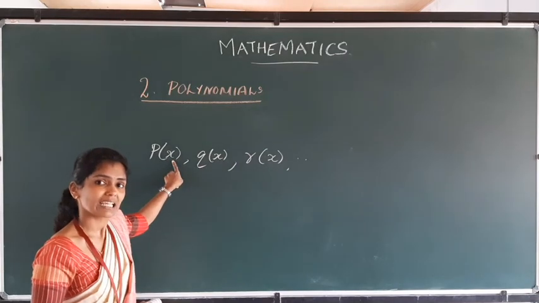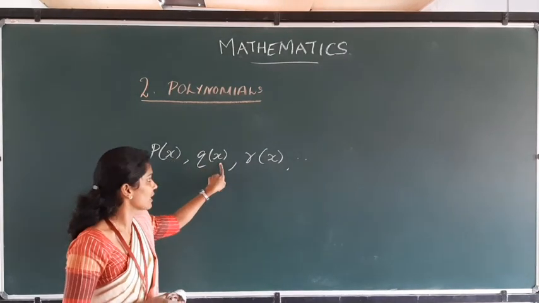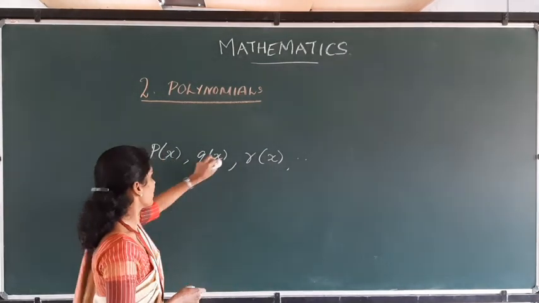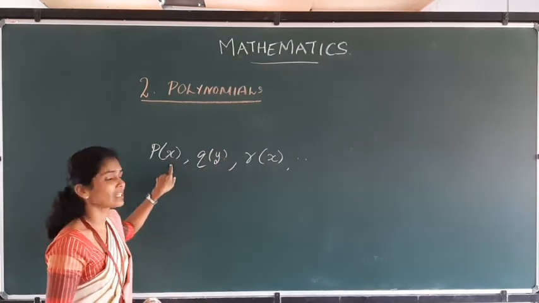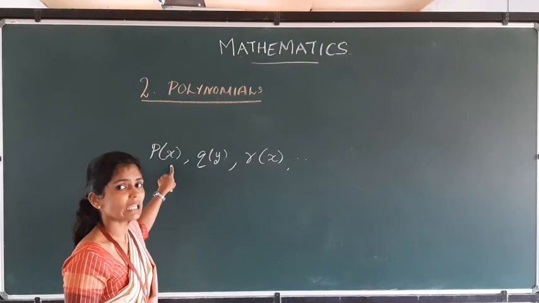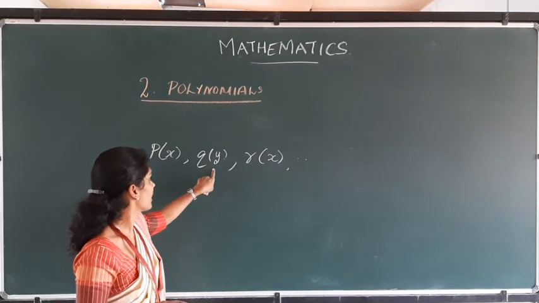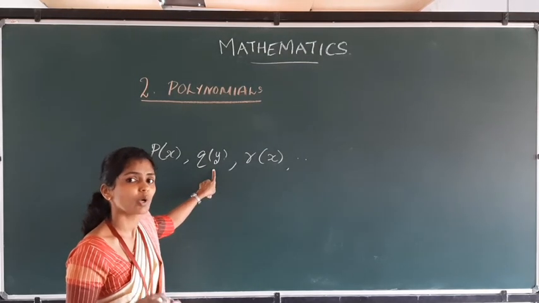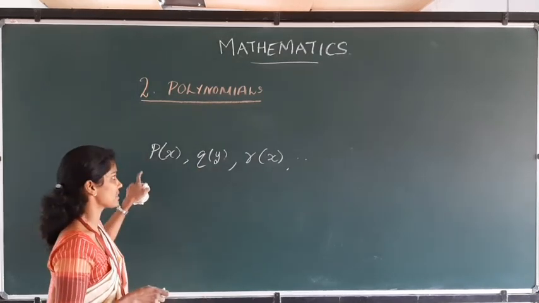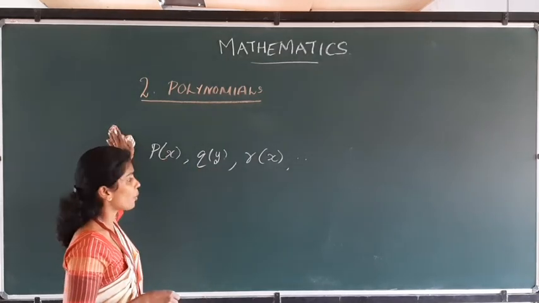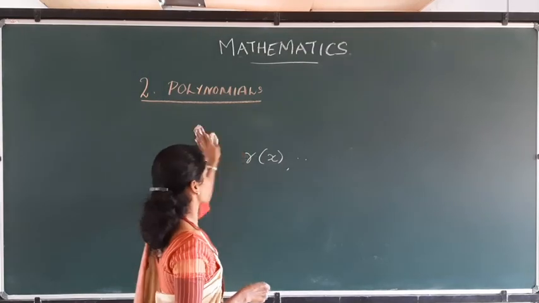Here, x is the variable. Here also x is the variable. We can change the variable also. P of x is a polynomial in x. Here, Q of y is a polynomial in y. This is the representation of polynomials. These are all polynomials in one variable.